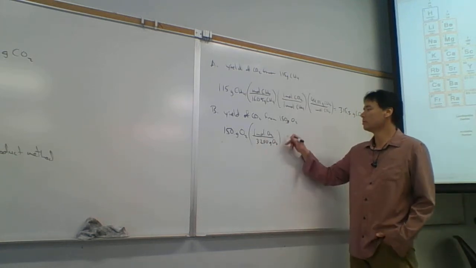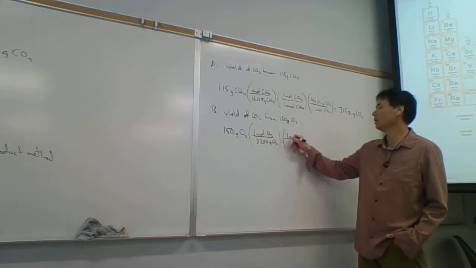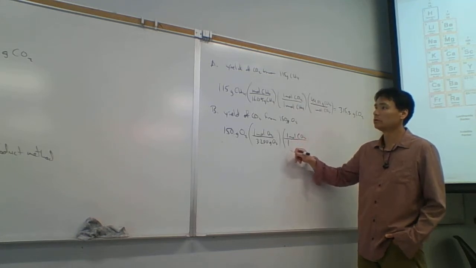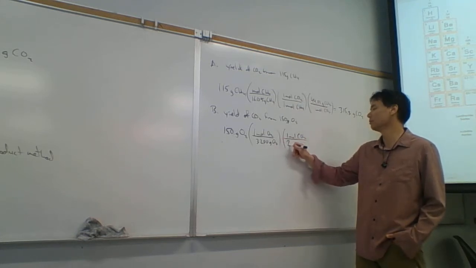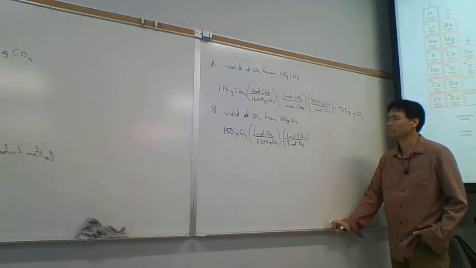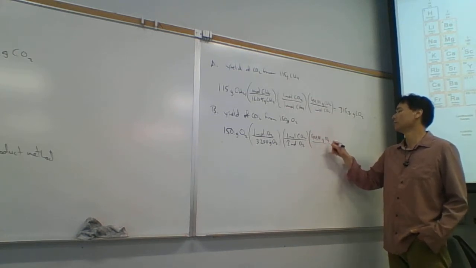Grams to moles, moles to moles: 1 mole of CO2 for every 2 moles of O2. And then moles to grams: 44.01 grams of CO2 per mole of CO2.